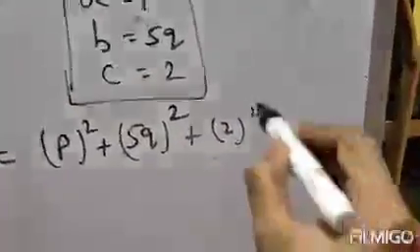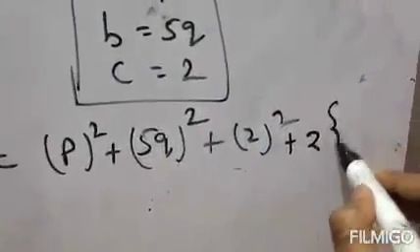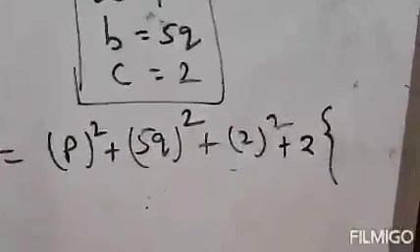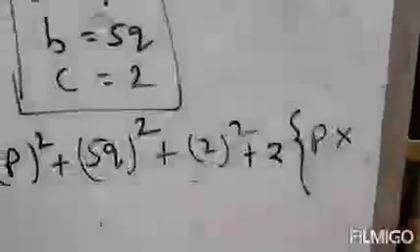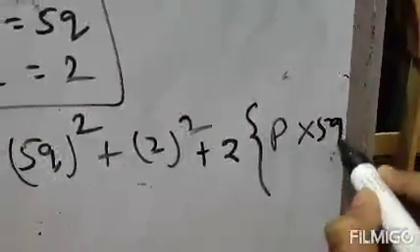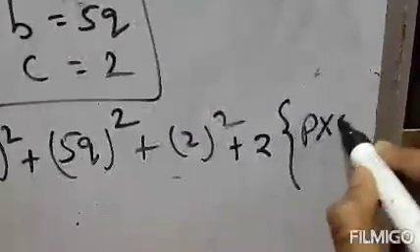Clear? Next, plus 2ab. So 2ab. Clear? So ab. a is your p, b is your 5q. That means p into 5q. This is q actually, so no space here.